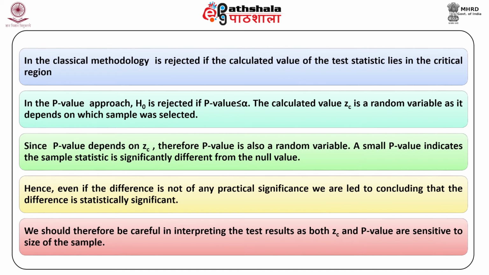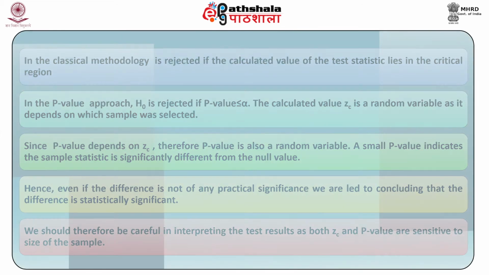We should therefore be careful in interpreting the test results, as both Zc and p-value are sensitive to the size of the sample. For large samples, any small departure is detected by the test, even if the difference between the null value theta and the sample statistic theta hat is not of any practical significance.